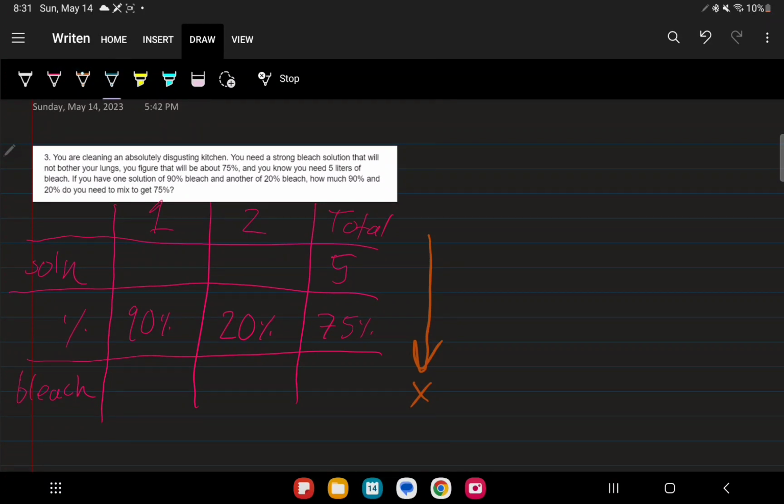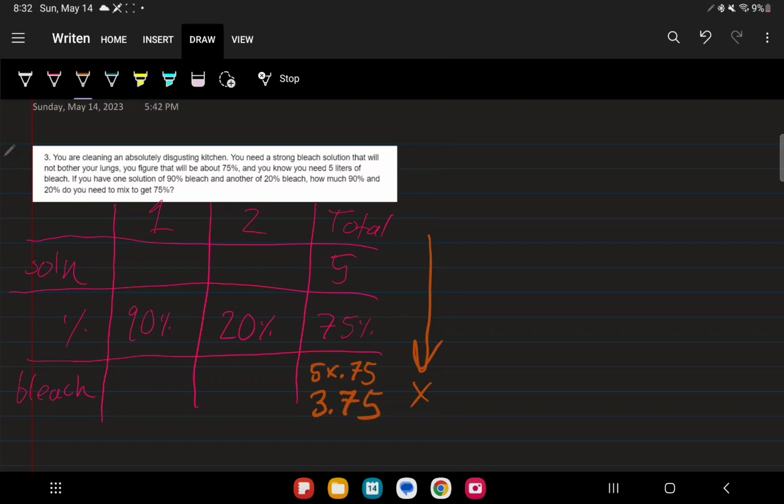So let's go ahead and fill in what we don't know. I don't know these 2, and I don't know these, but I can find this. So let's fill in what I can solve for. 5 times 0.75 is 3.75.